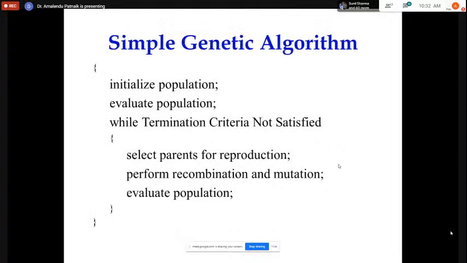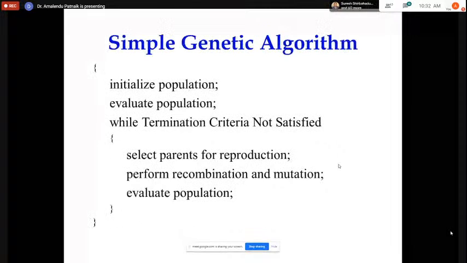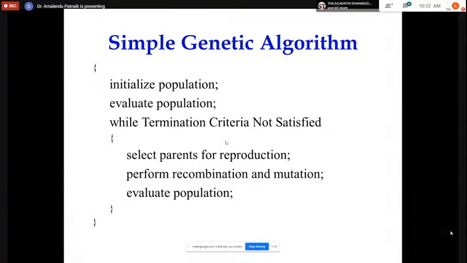So let us see a simple genetic algorithm. Now see, the starting point is initialize population, evaluate population, meaning you are choosing, if it is a 3-dimensional problem, in that 3-dimensional space random solutions, right?